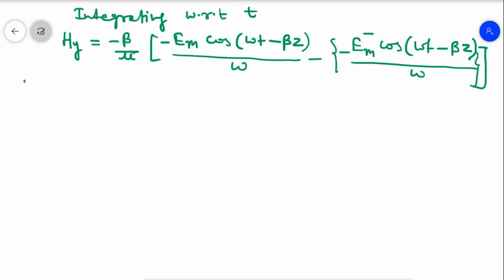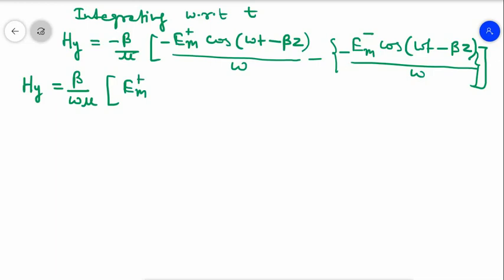Now more simply, we can write this Hy equals to beta upon omega into mu. This minus minus, it is plus, so it is Em. Actually it is Em plus.